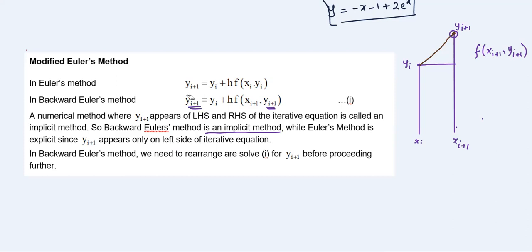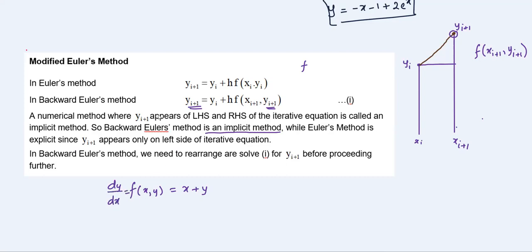But here, for the iterative step, I am getting a function which contains the value of the iterative step. So I will have to solve. So for example, in the previous question, f of x comma y was x plus y. Correct?